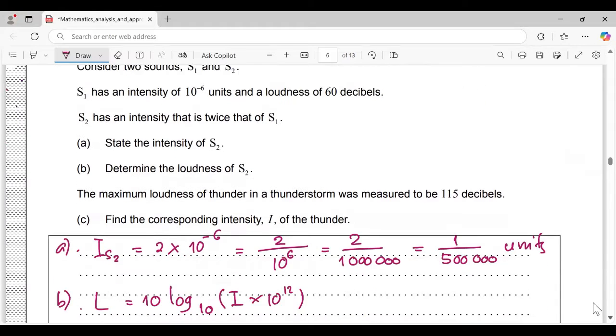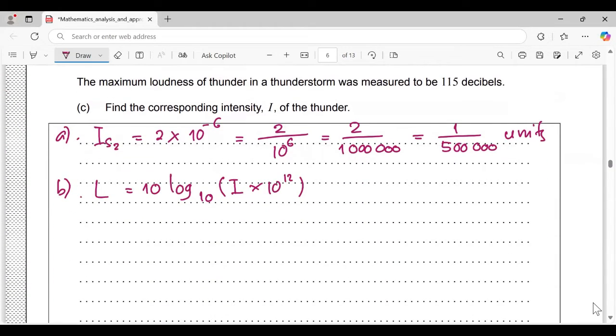And we are going to substitute I equals 1 over 500,000 into here. It becomes 10 log 10 of 1 over, I would like to write it as 5 times 10 power 5, times 10 power 12.